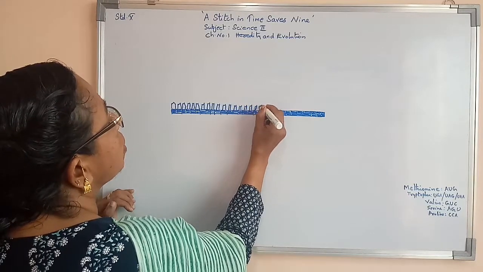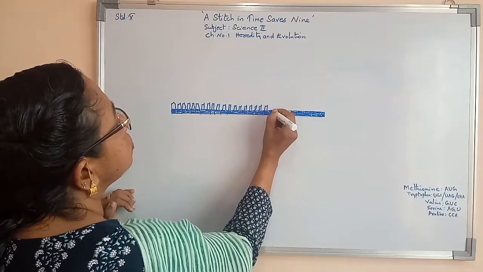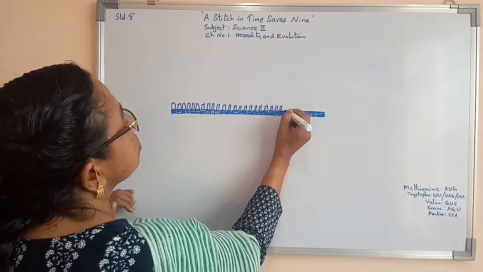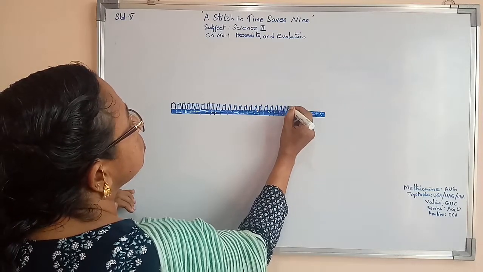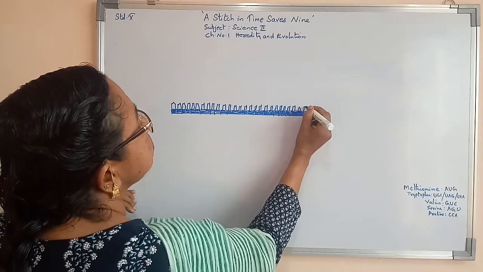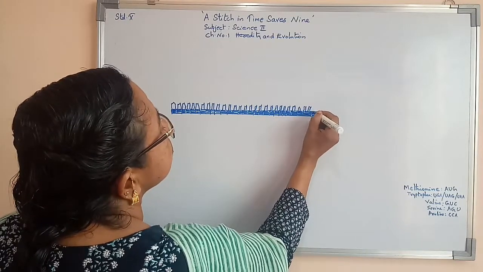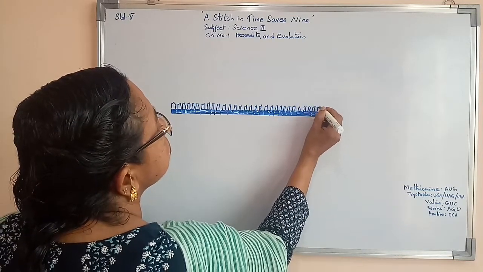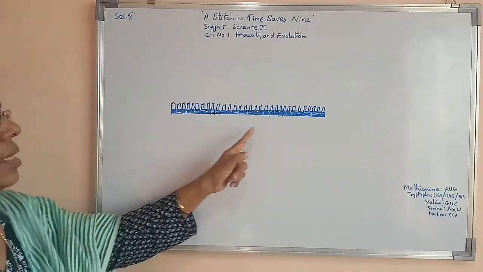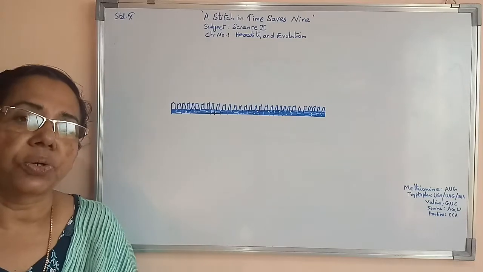We can say it as codon. Like that, a structure will be there. Each such sequence carries one nucleotide with it.